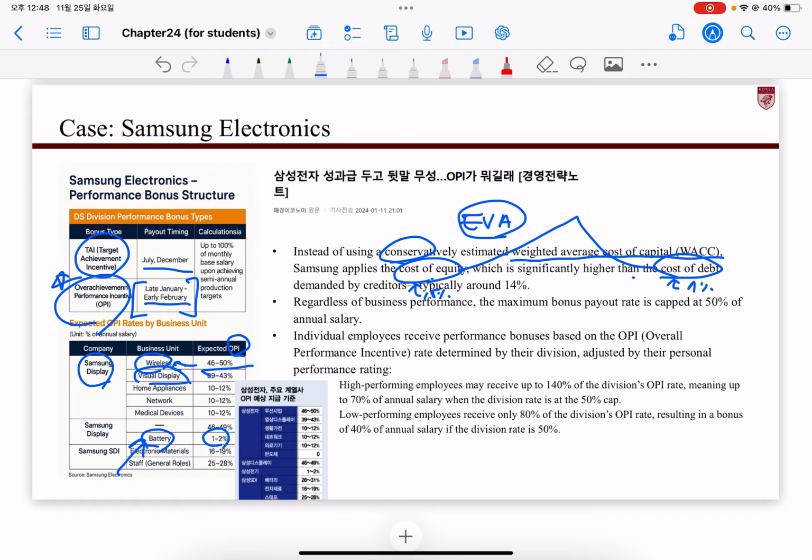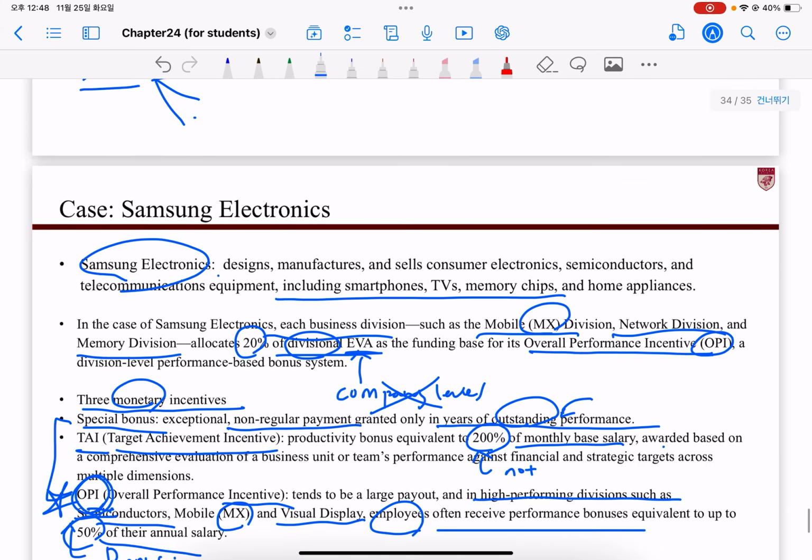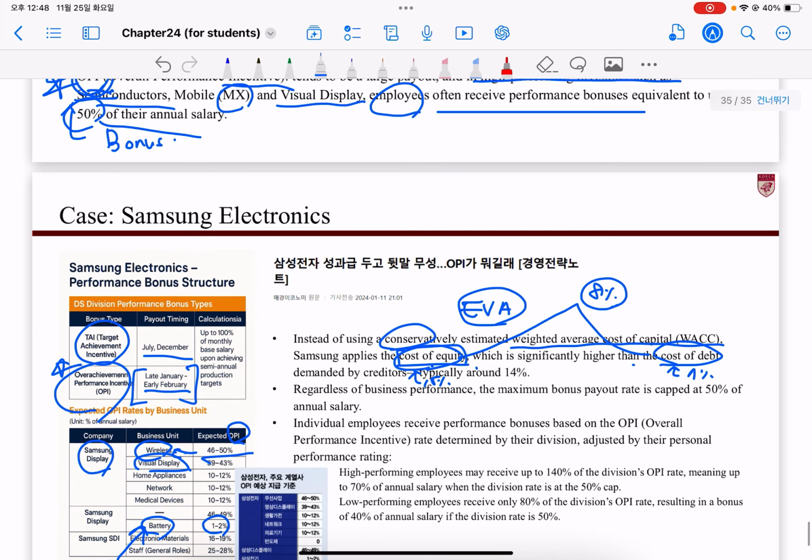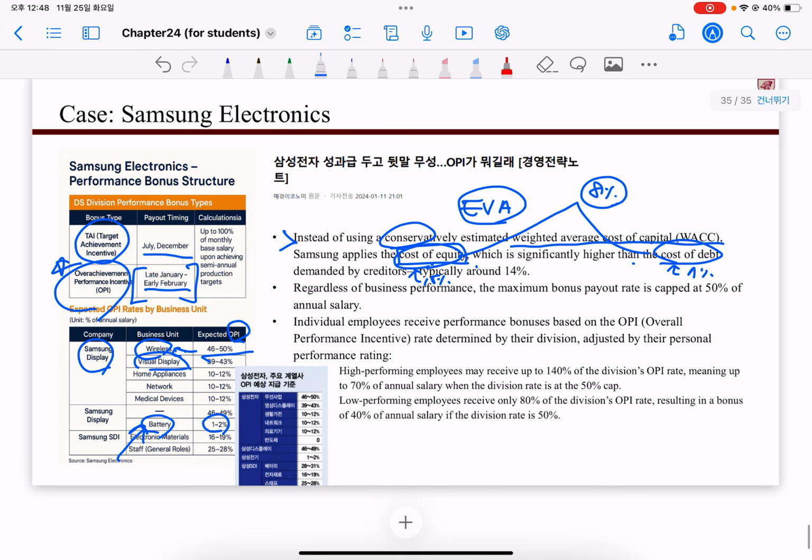So if you apply both, then the WACC would become like 8%, let's say. But if you only apply cost of equity, then your EVA goes down, right? So Samsung is intentionally making the divisional EVA lower so that they can pay lower, presumably. And regardless of the business performance, the maximum bonus payout is capped at 50% of annual salary, no matter what.